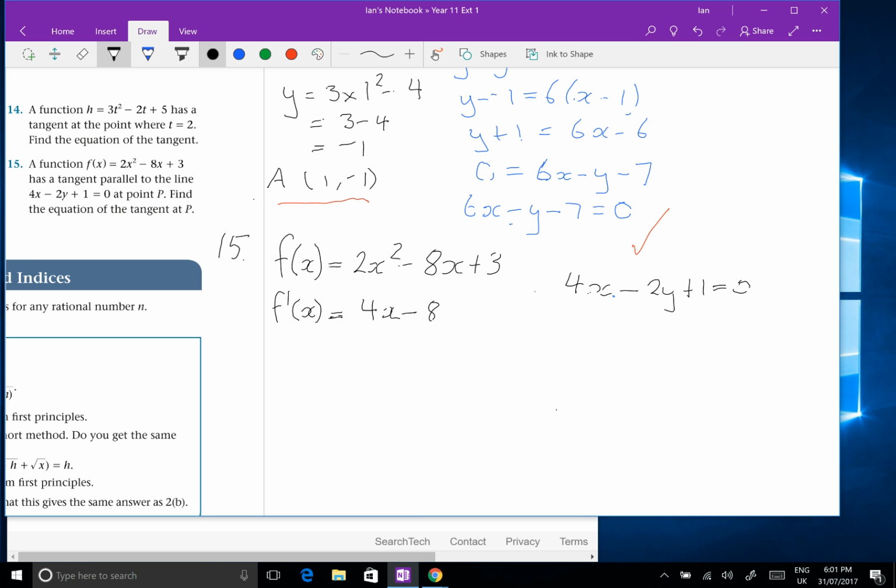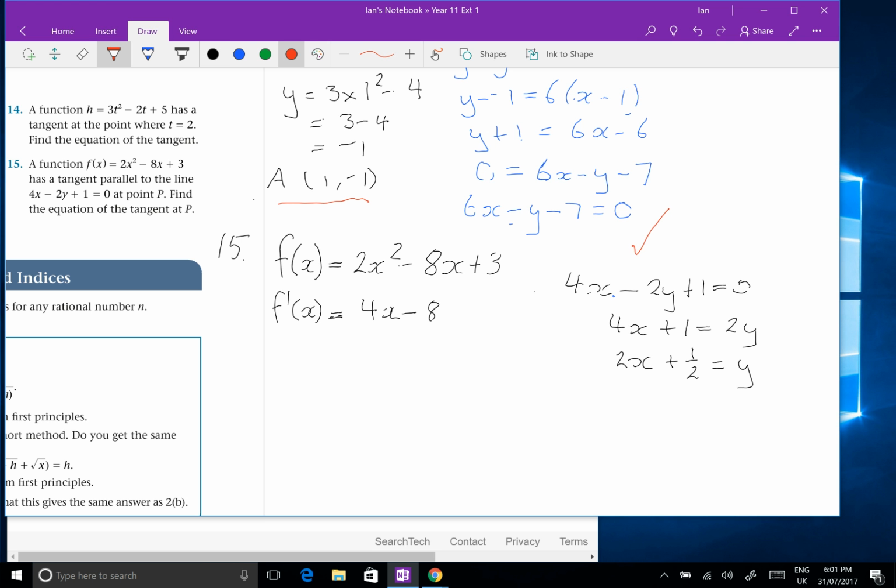Let's take 2y across and I get 4x plus 1 equals 2y. Divide everything by 2 and I'll get 2x plus a half equals y.